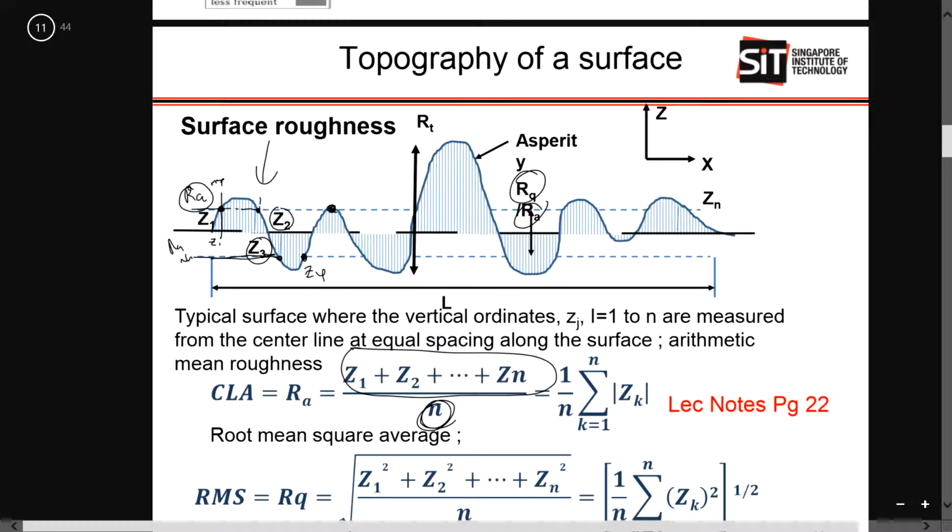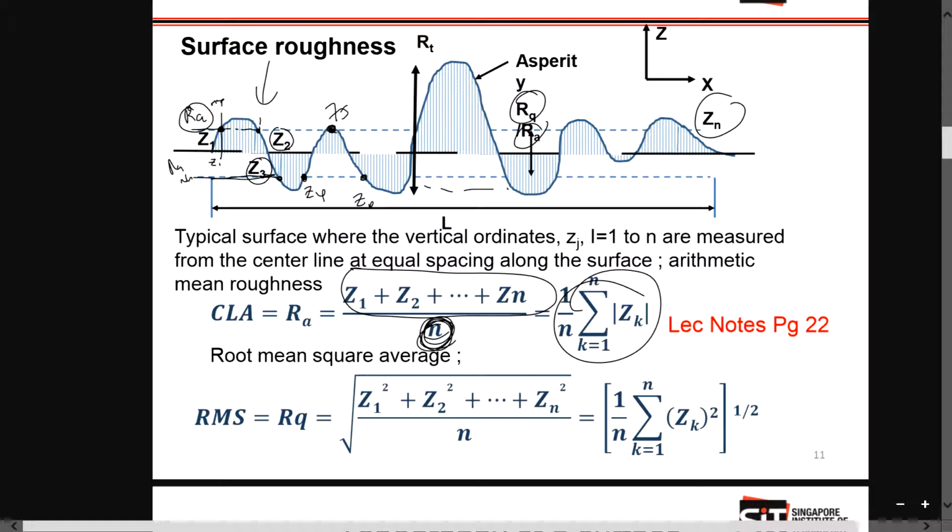Then over here this point is Z5, and the next time it intersects over here is Z6, and so forth, all the way to Zn. So divided by the number of Z's that you're having, eventually you can get your value. So this is one way to get your Ra. So you find different Z points, and this is where you can find your Ra. But for a more exact method, I don't know how exactly it works. But at least there are two methods.